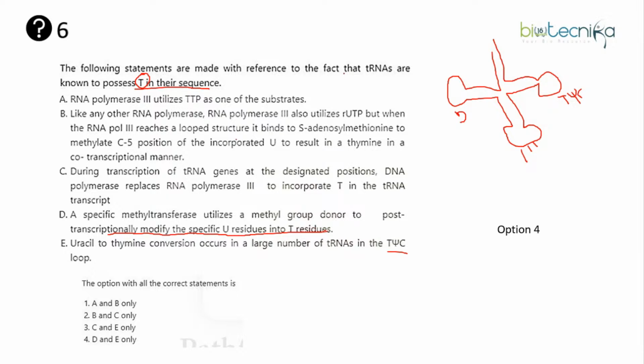So it has been modified after transcription. Uracil to thymine conversion occurs in a large number of tRNA in the T psi loop. That is why, because here you have a thymine, the name has come as T psi loop. So you have thymine, you have the pseudouridine. Okay.